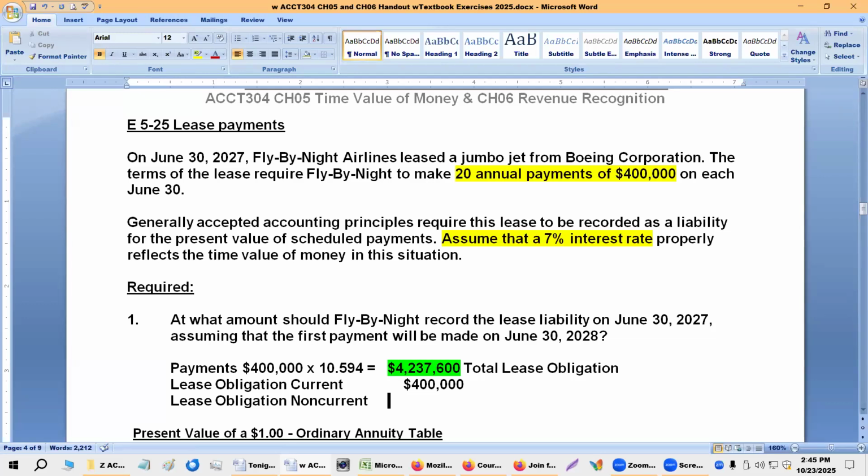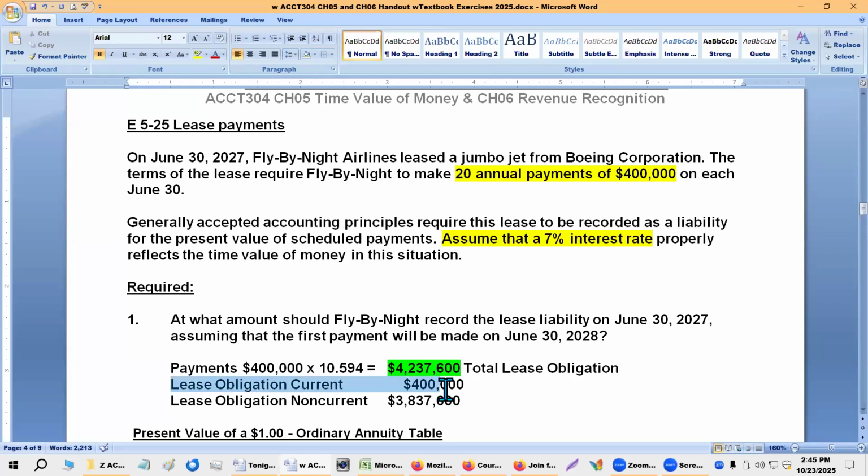And let me see what that's going to be. 3,837,600.